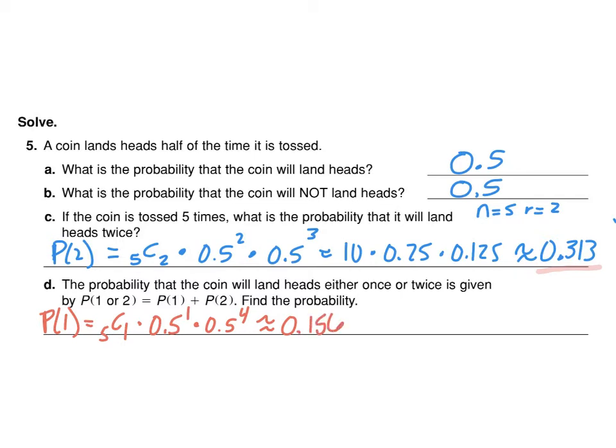When you add P1 and P2 together, you get approximately 0.469. That's the probability that you will get either heads once or heads twice.